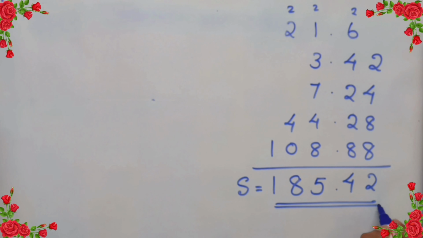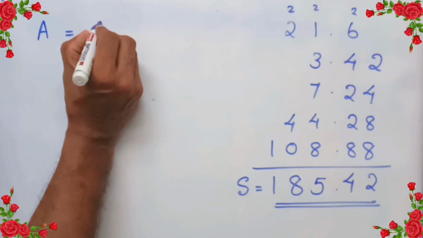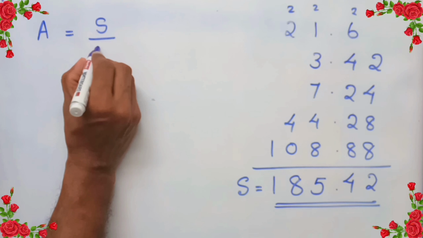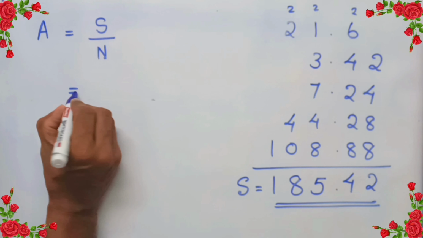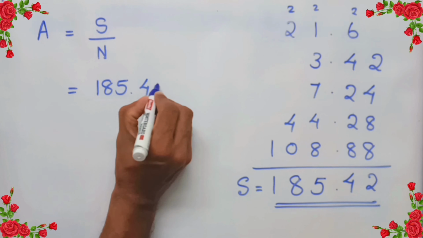So the sum is 185.42 and we know that average equal to sum of terms by the number of terms. That is 185.42 divided by 5.